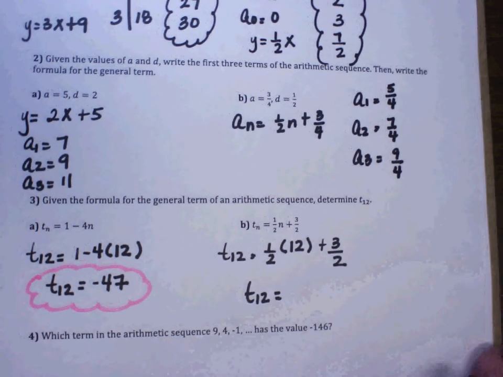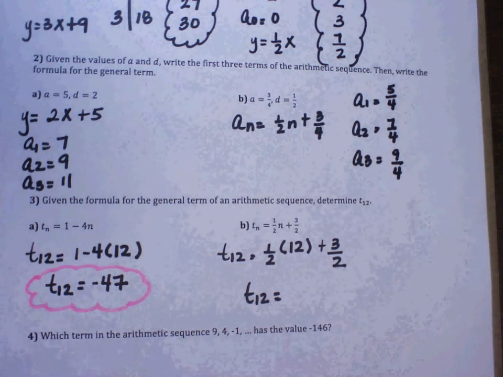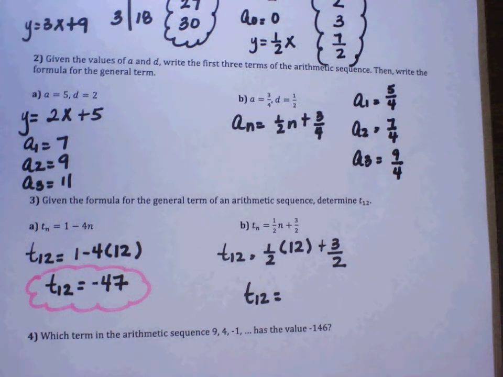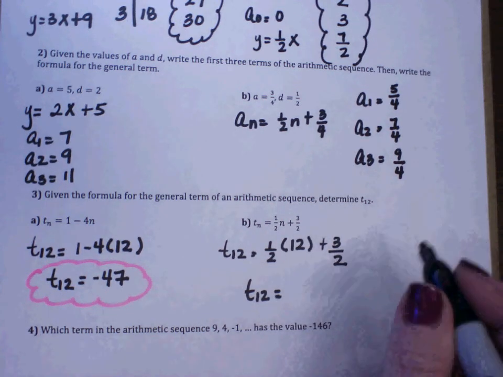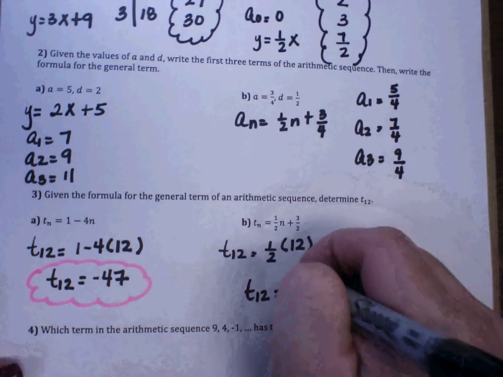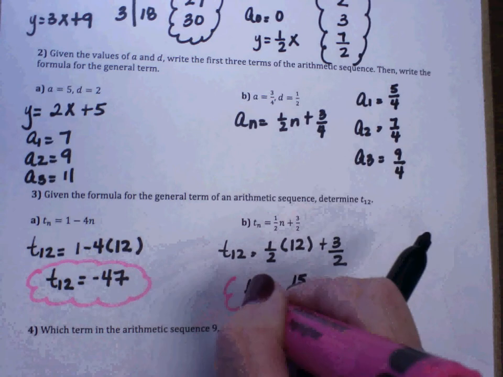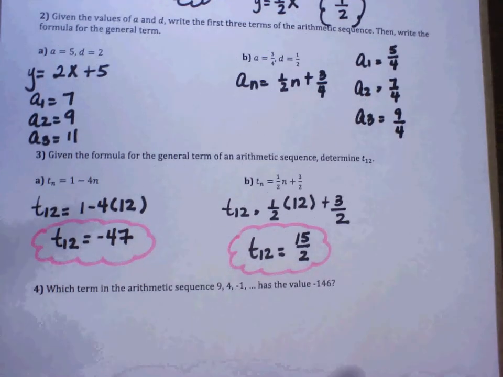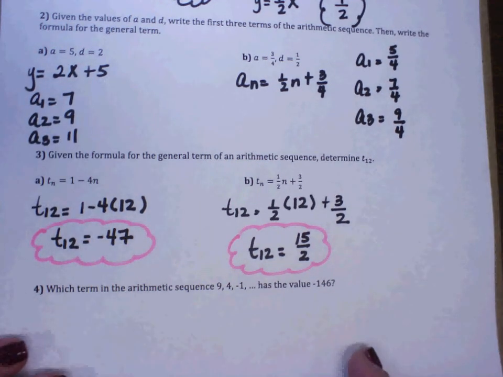On B. We're on B. Negative 47 was for A. That would be 6 plus 3/2. 15/2. All right. So these are some of the questions that I'm going to ask you Friday. I would highly suggest watching this movie again before Friday.